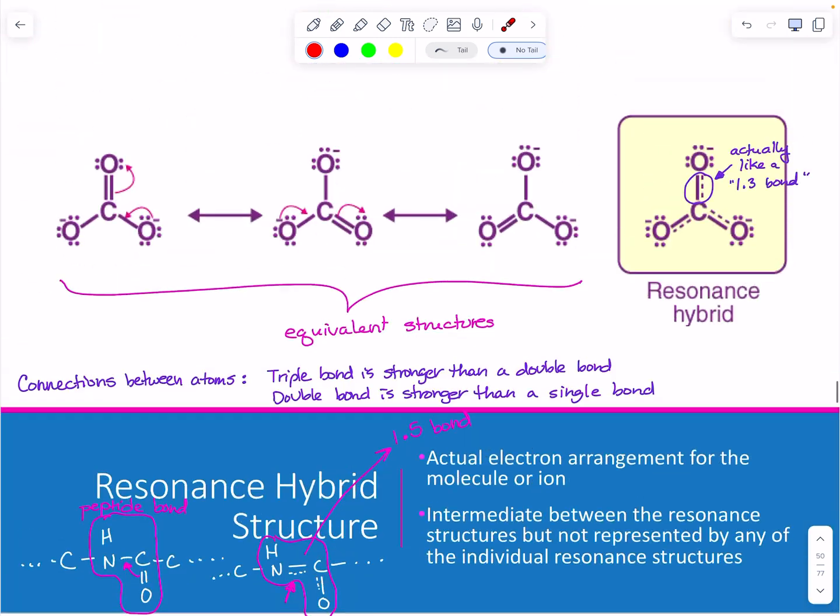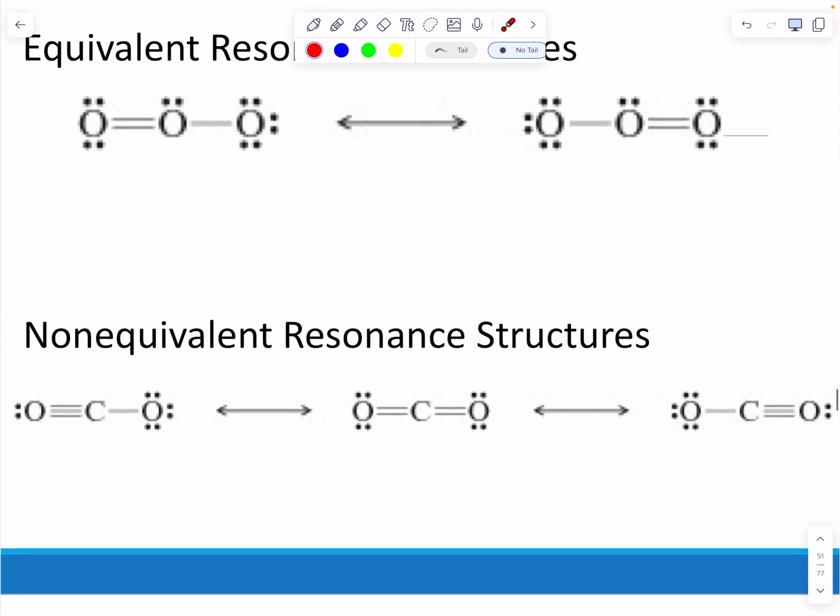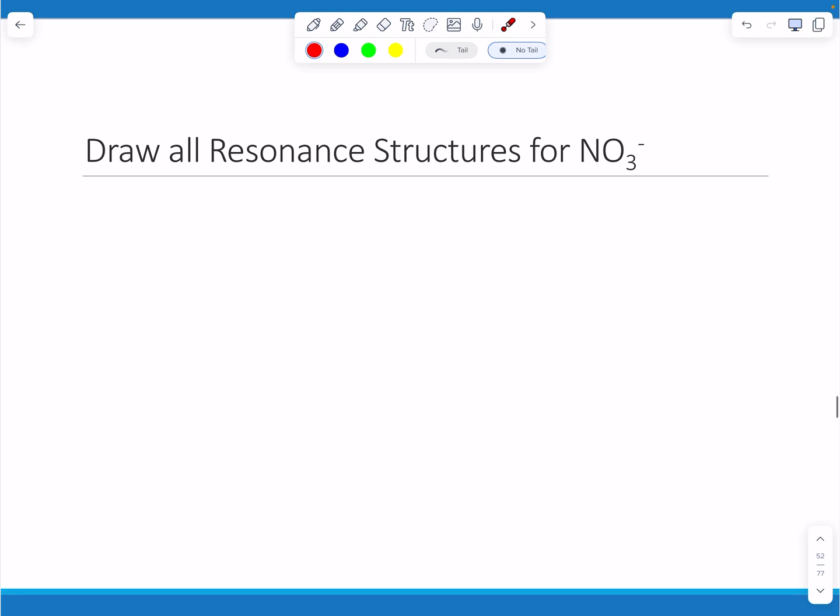All right, did we already? Nope, we didn't do NO3, right? All right, so let's talk about NO3 minus, okay? And let's try to draw all the resonance structures for it, okay? So N is going to be our central atom, okay?